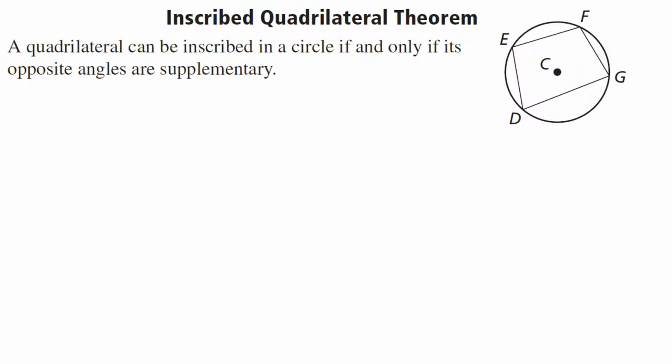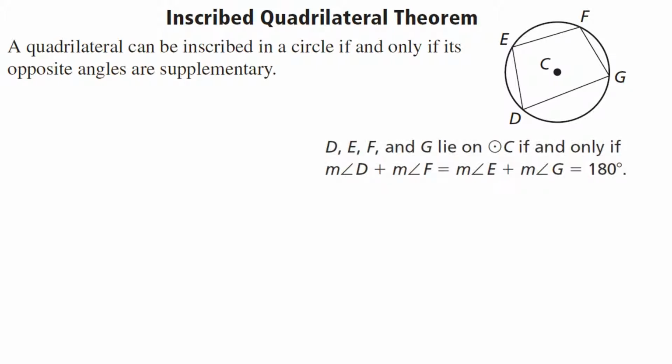If I'm looking at, for example, angle E and angle G, part of the circle subtends angle E, the other part of the circle subtends angle G, so they subtend the entire circle. So half of 360 is 180. They've got to be supplementary.